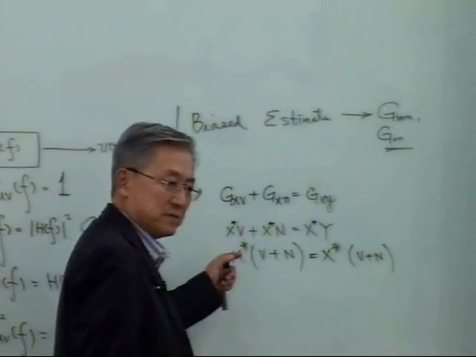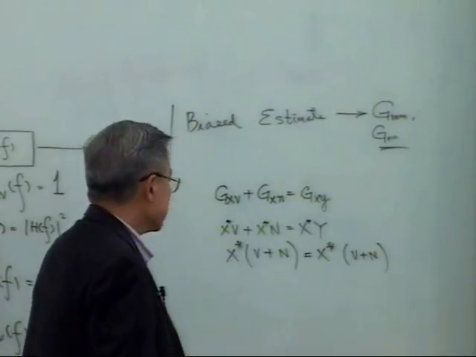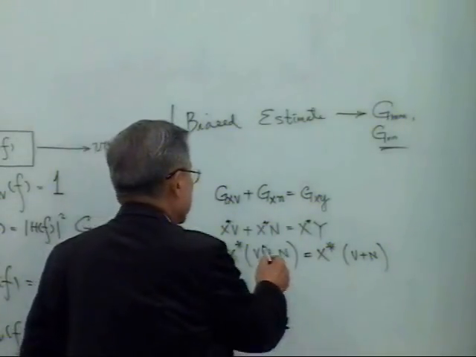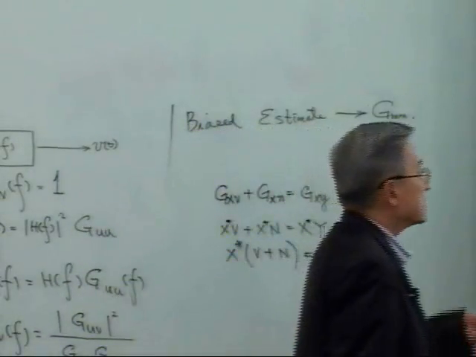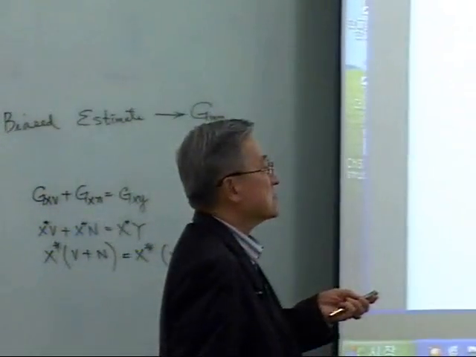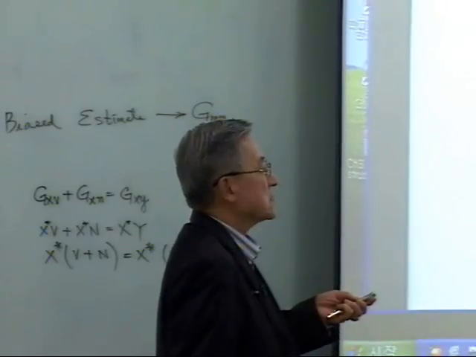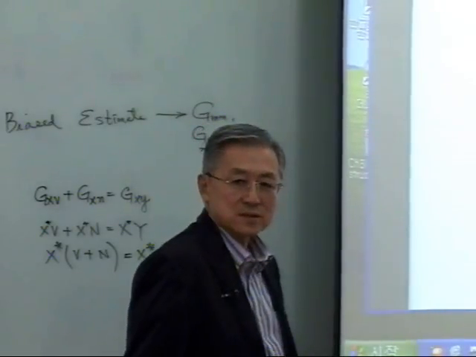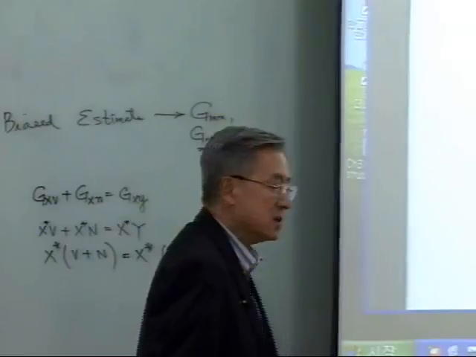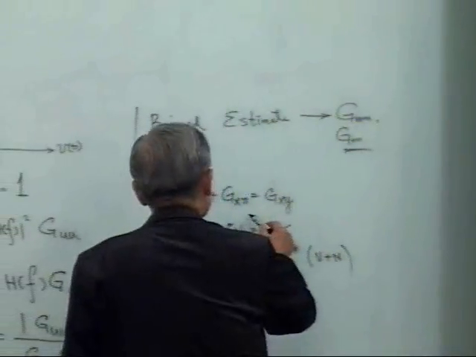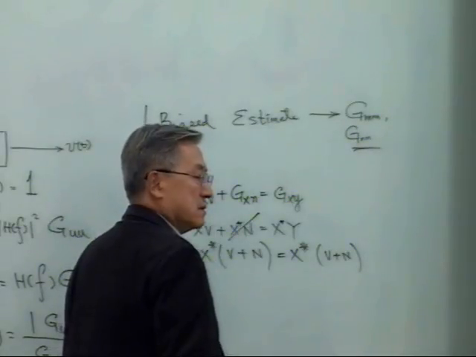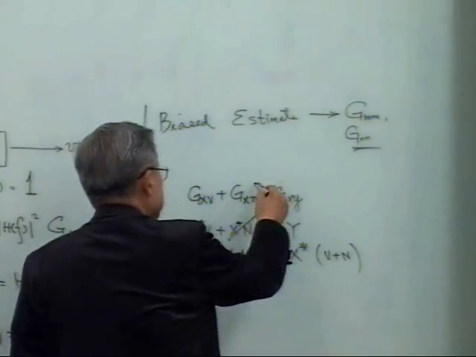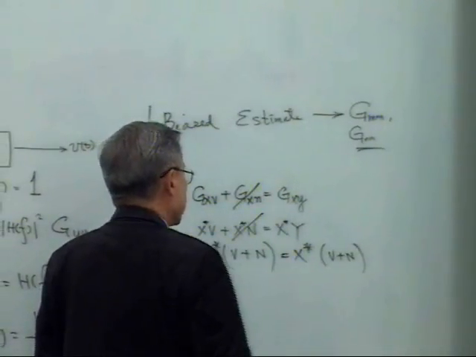Up to here is enough. So if you do that, the signal X has nothing to do with the uncorrelated noise N, isn't it? Say yes. Then I can say this is equal to 0.